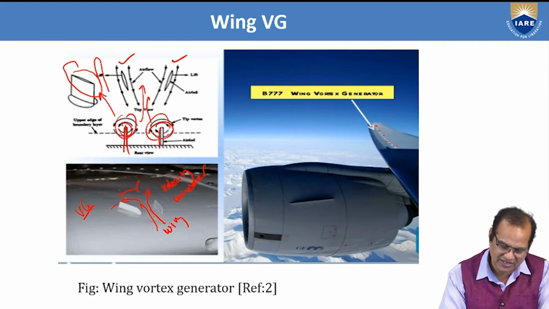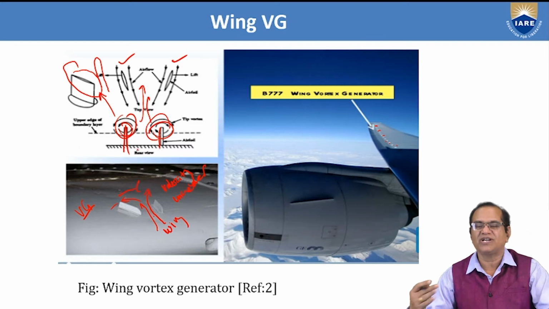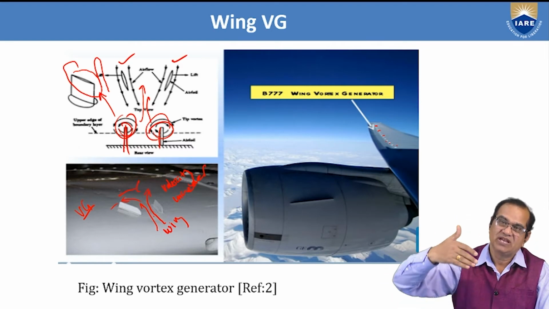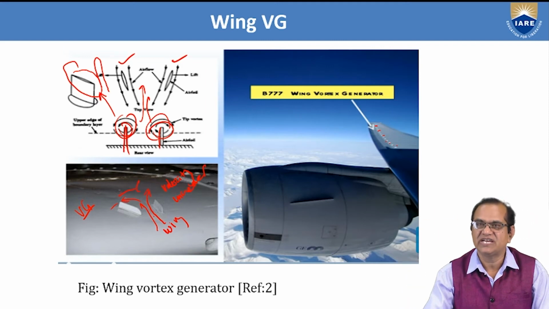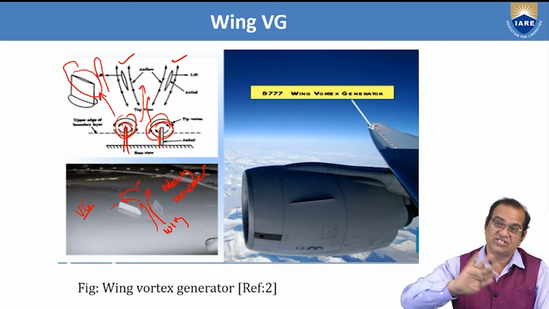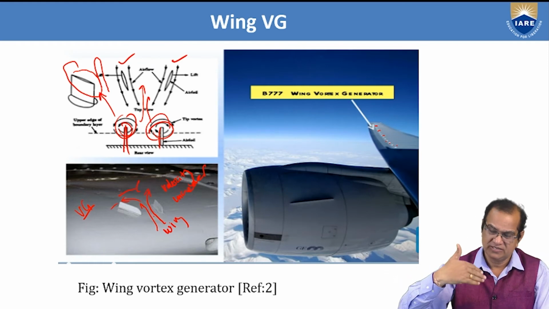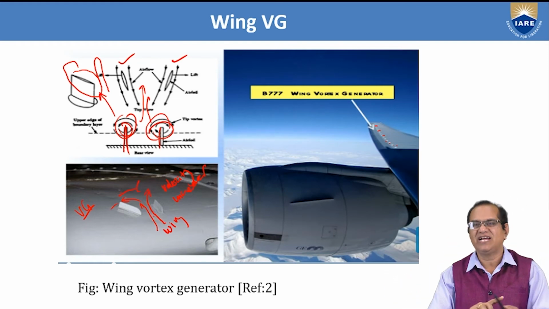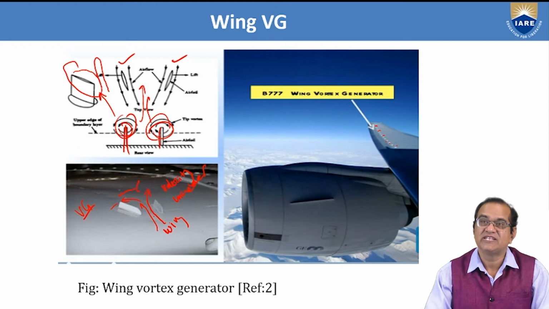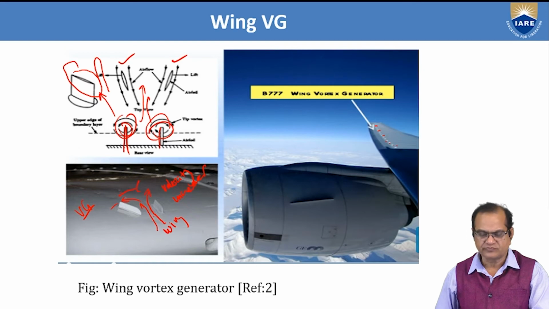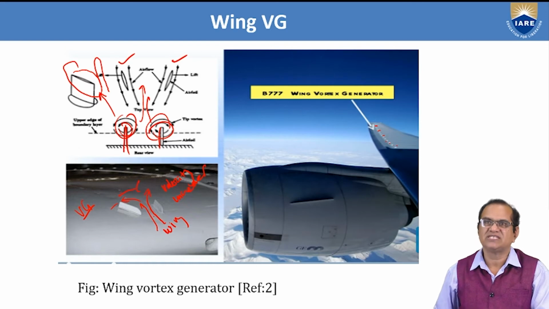At each place they generate a vortex, and this vortex has more energy, so it presses against the pressure gradient, the stall is delayed, and the flow separation point is pushed further backward towards the trailing edge. That is why it produces high lift and low drag, and they are secondary devices for the aircraft.